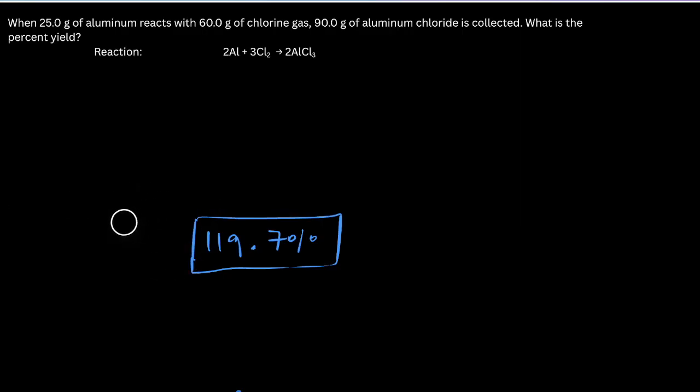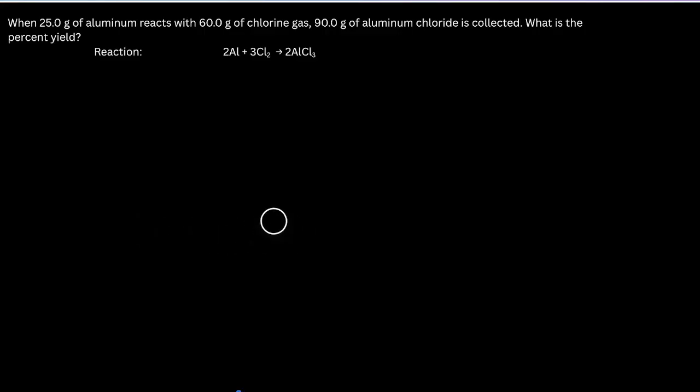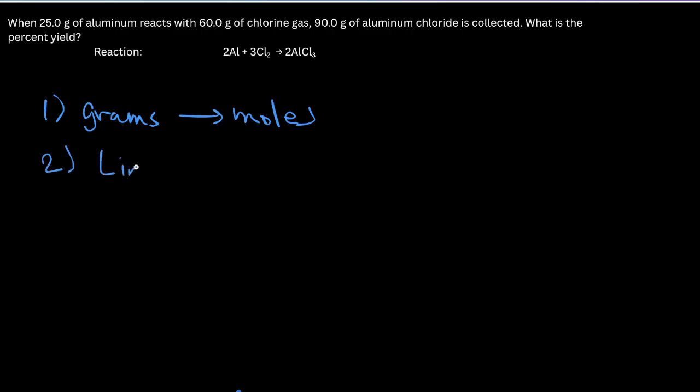All right, so the steps to go about any percent yield problem and make sure you get it right every time: first, obviously, we convert to moles. Number 2, identify that limiting reactant. This is what people often forget. Don't be the person who forgets to do that. And 3, use that limiting reactant to find your theoretical yield.